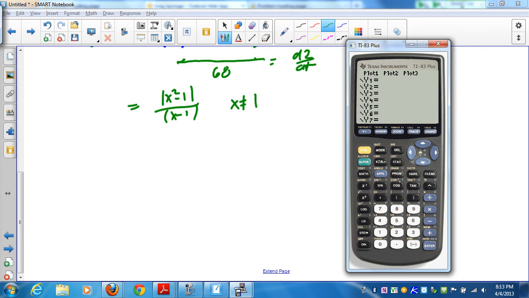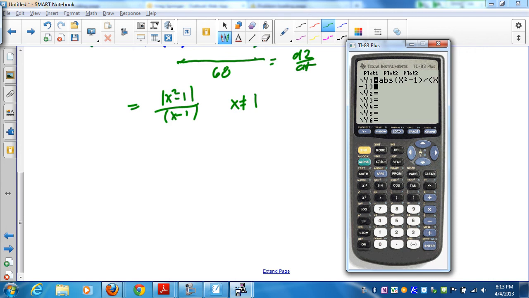And let's just put it in the calculator and graph it up and see what we get. So we have the absolute value, math, over the number, right? And we have x squared minus 1. And we're going to divide that by x minus 1. Make sure you put the parentheses. When in doubt, wrap it up.